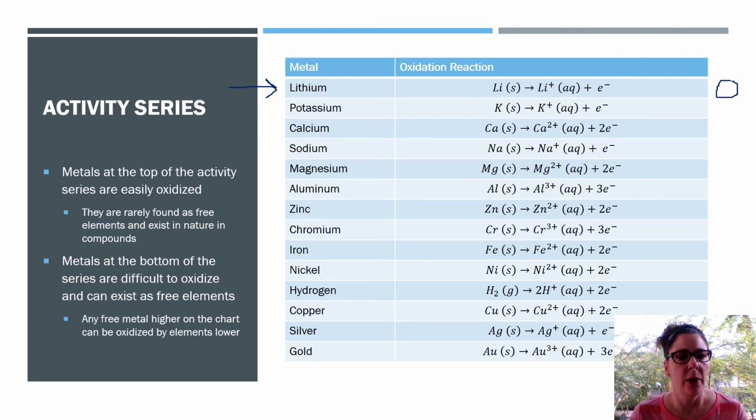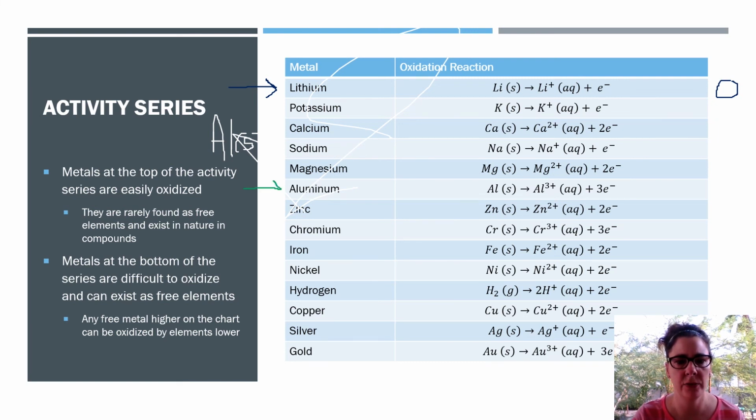Okay. So how this is read is I always base it off of my free element. So let's say we had a sample that had aluminum. So let's say we had aluminum metal, Al solid. And we wanted to oxidize the aluminum. Okay, so we look at our activity series.